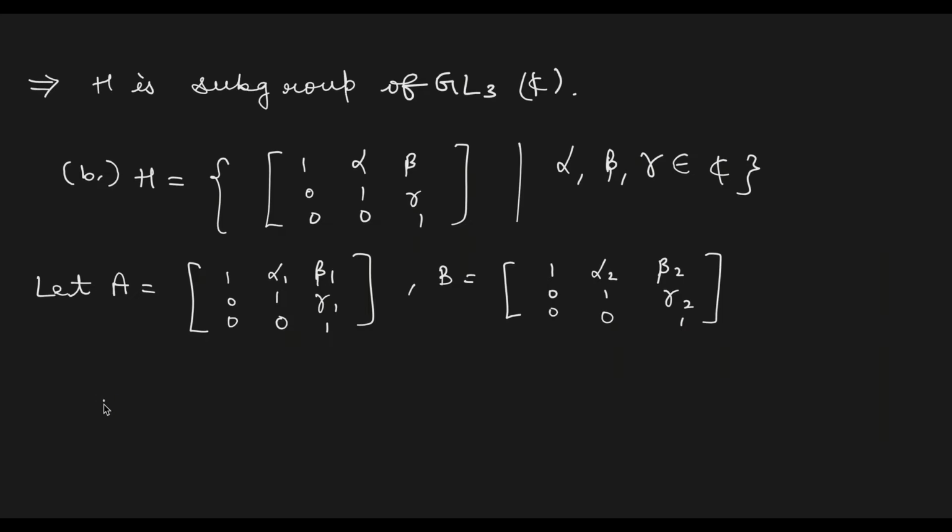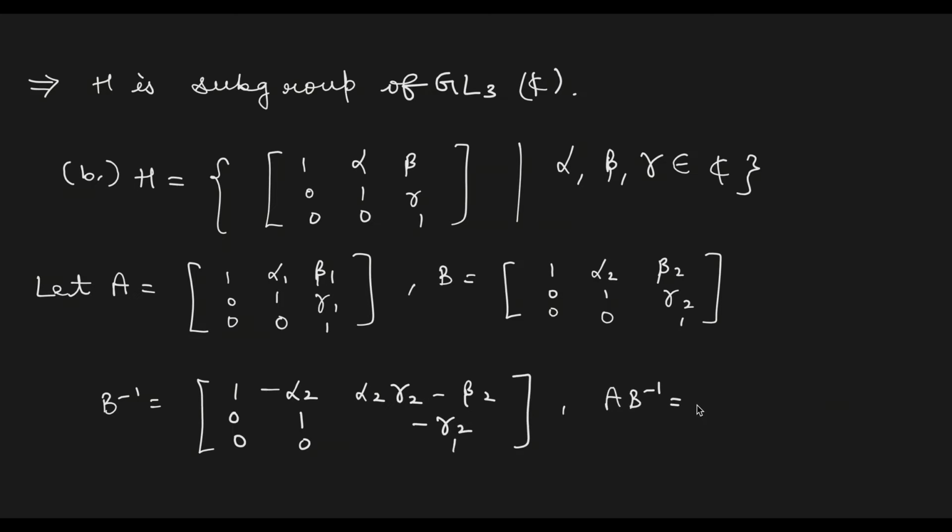So B inverse will be 1 0 0, minus alpha 2 1 0, alpha 2 gamma 2 minus beta 2 minus gamma 2 1.